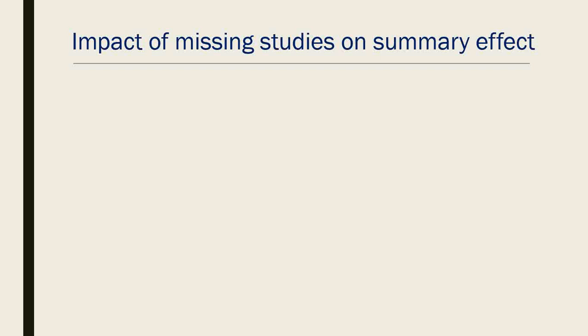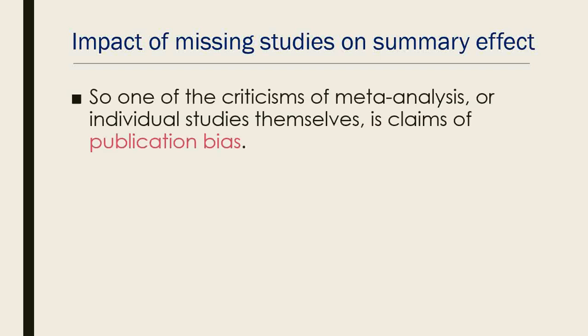Now, one of the other things that we need to do in a meta-analysis is to evaluate the impact of missing studies. So one of the criticisms of meta-analysis, or even individual studies themselves, is claims of publication bias.